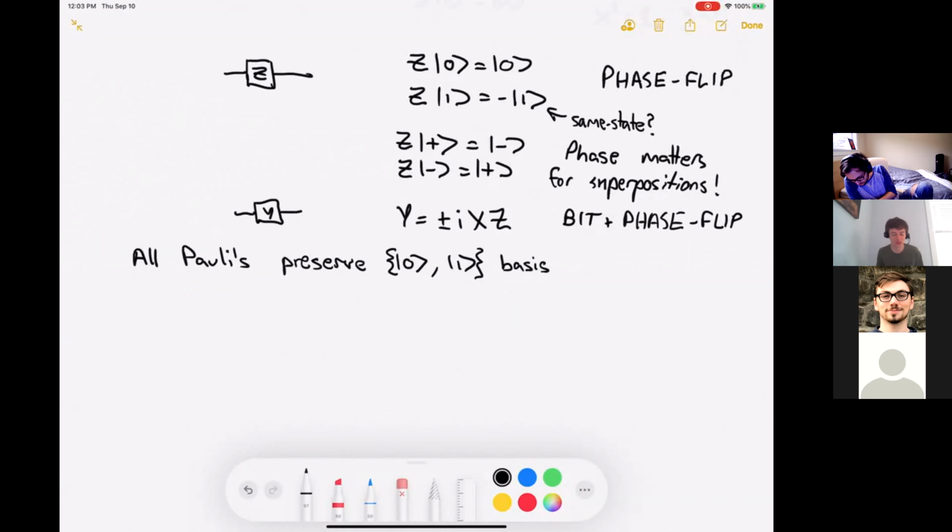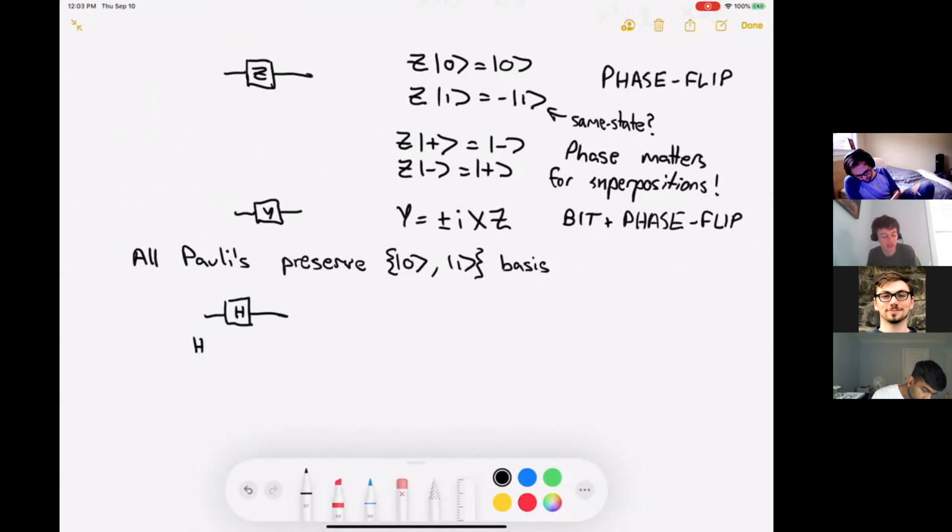Does anyone know the most famous example of a matrix that does not preserve the 0, 1 basis that will show up all the time? Awesome. It's called H, the Hadamard matrix or the Hadamard gate.